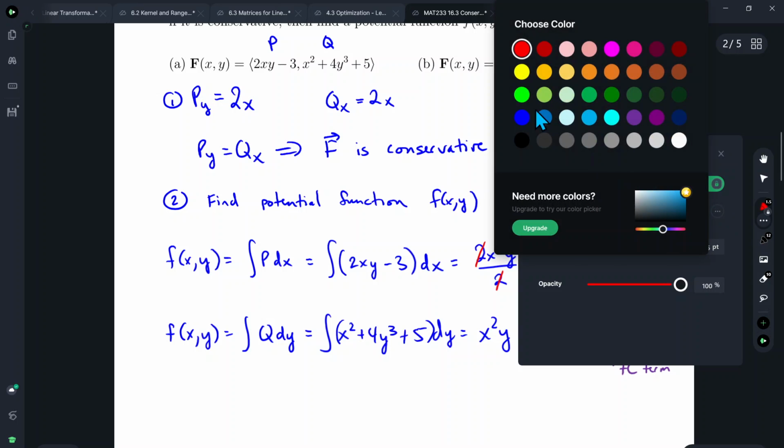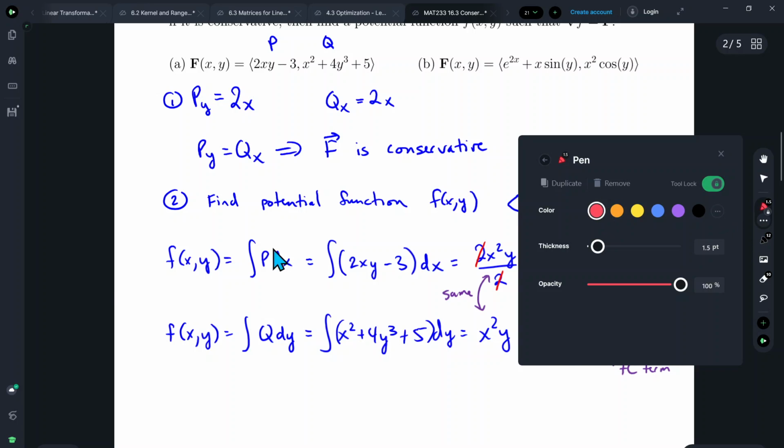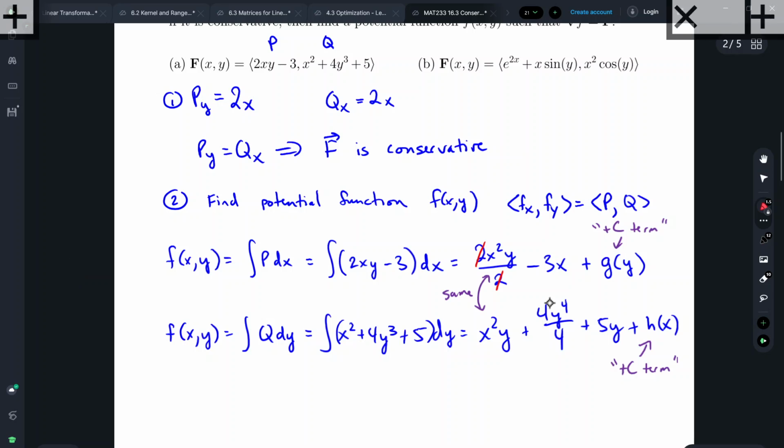So let's cancel those out. So now notice x squared y and x squared y, so these two terms are the same. Now the remaining terms are different, right? But so again, let's cancel this 4 divided by 4, that cancels out, right?